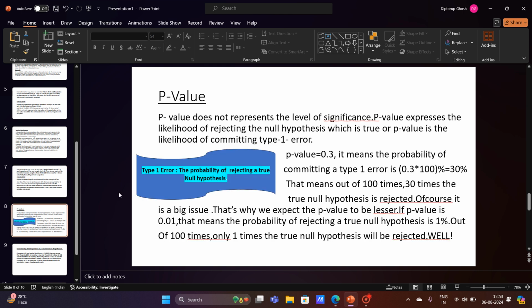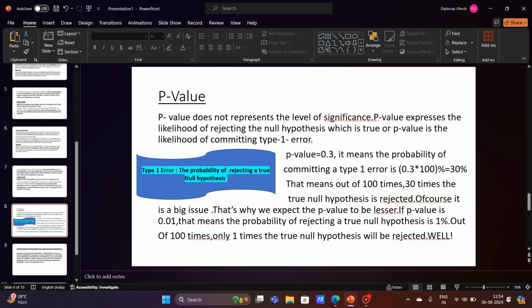Now we are heading to p-value. P-value does not represent the level of significance. Some of us have the misconception that p-value actually represents the level of significance, but it does not. P-value expresses the likelihood of rejecting a null hypothesis which is true. Suppose we have a null hypothesis and an alternative hypothesis, and the null hypothesis is true, but we are rejecting it.